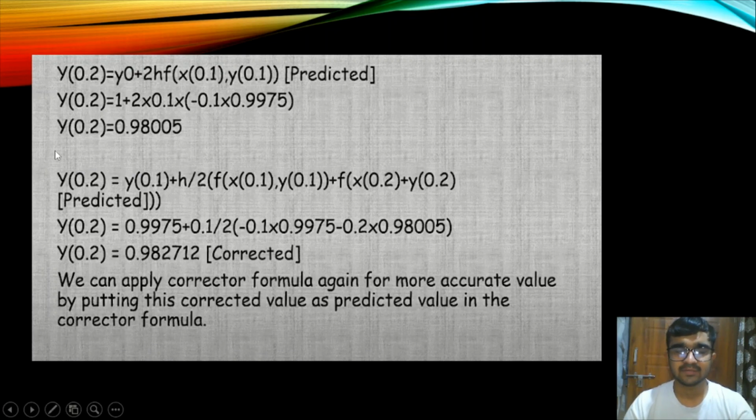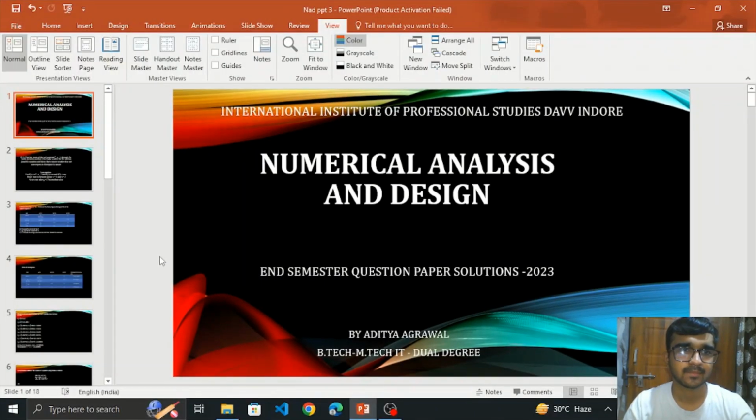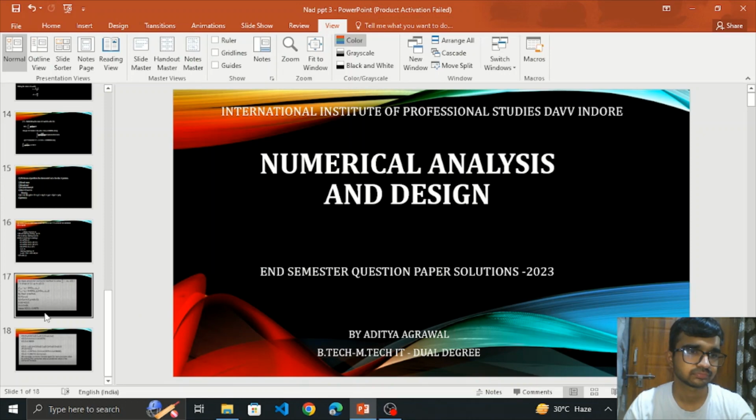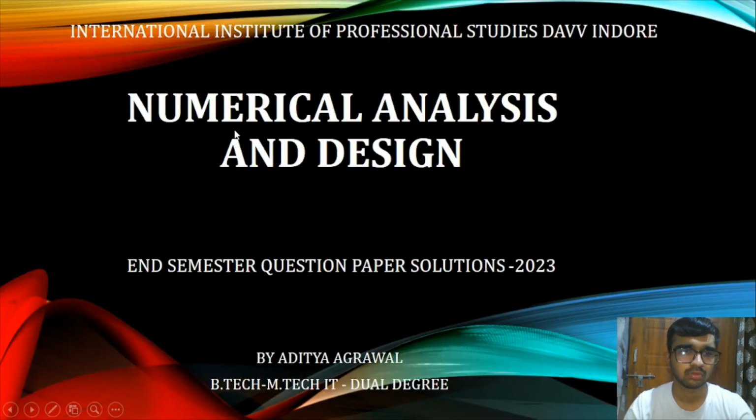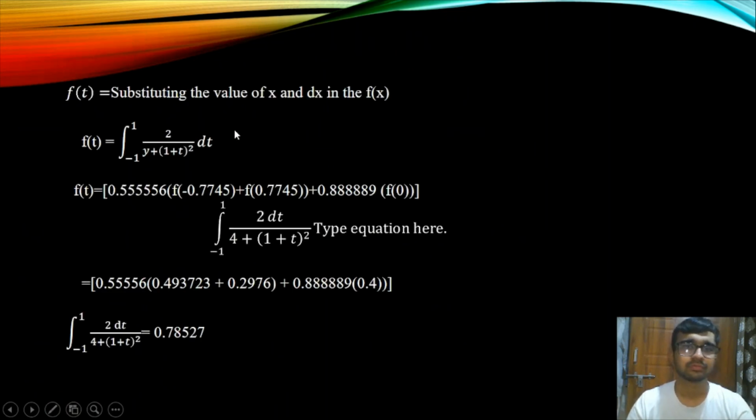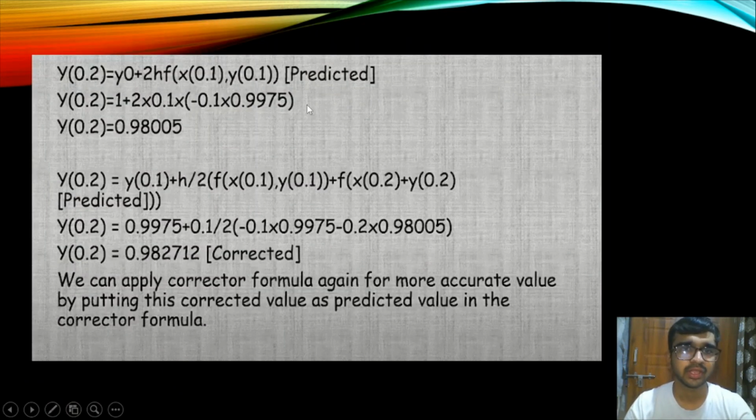This is our predicted value. Now we want to correct it with the corrector formula. So here we have found our predicted value, and now we are correcting it.